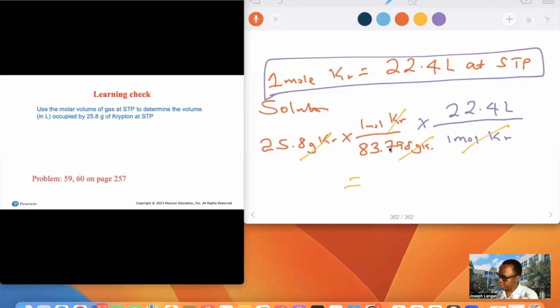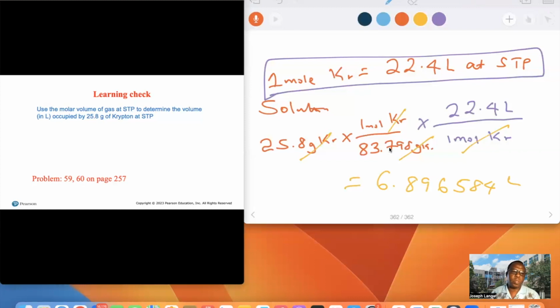If I use my calculator to double check, 25.8 times 22.4 divided by 83.798 is 6.89658 liters.